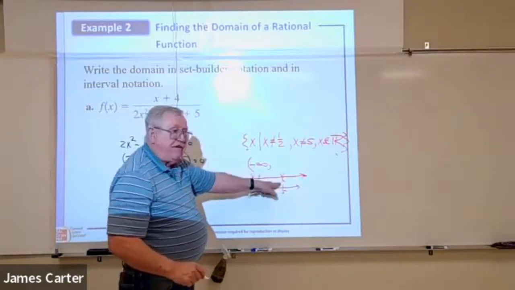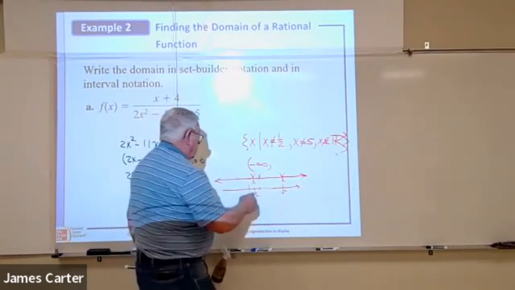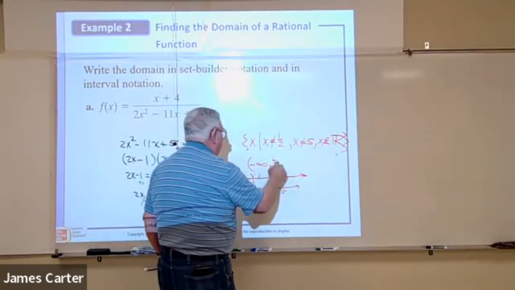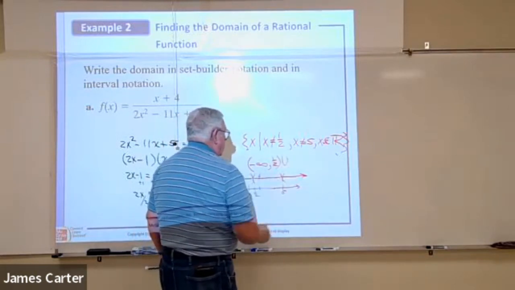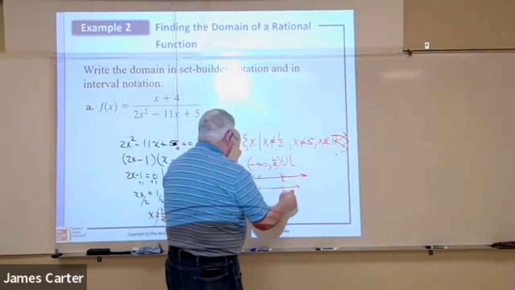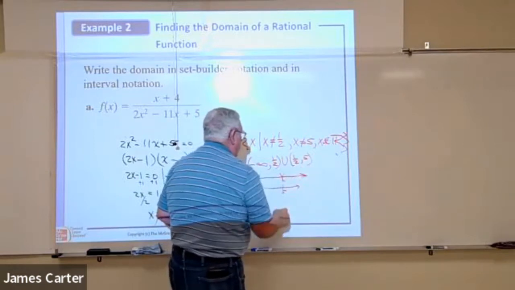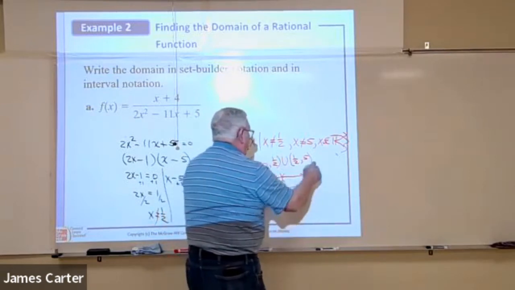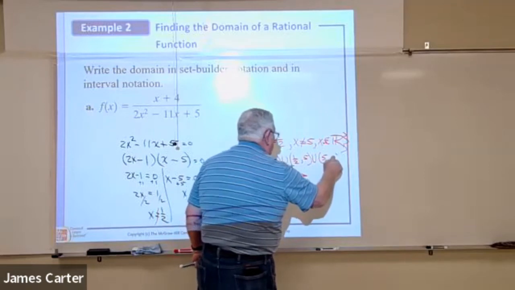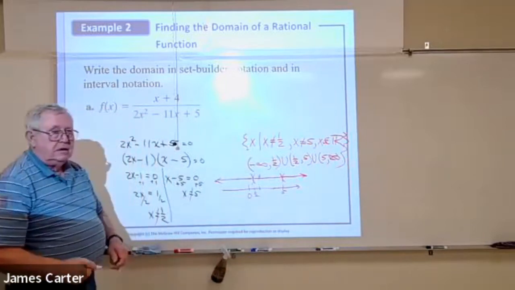We got a gap at 5, is what this is showing. So we start over here at -infinity and we come up to 1/2. There's how we show our gaps. And then we've got between 1/2 and 5, we've got them there. And then another gap. And then we've got from 5 on. Okay.